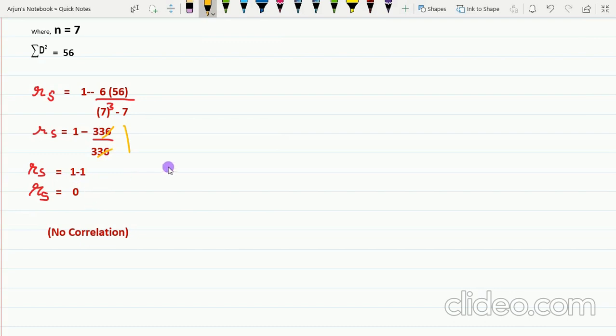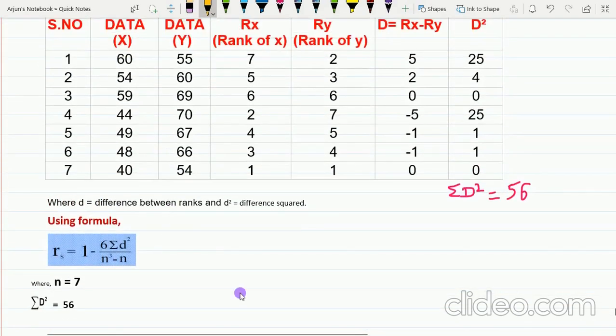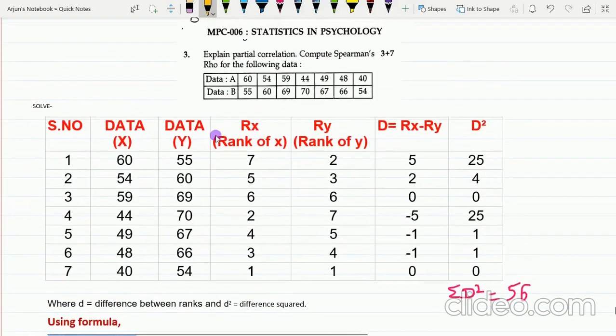Now we got Spearman's rho as 0. What does this mean? This means the two data sets which were given to us, data X and data Y, have no correlation between them. Whenever we get 0, it means there is no correlation at all in the two data sets.